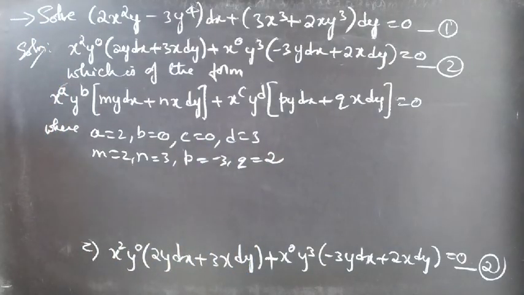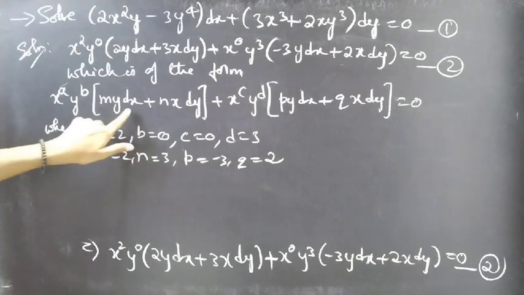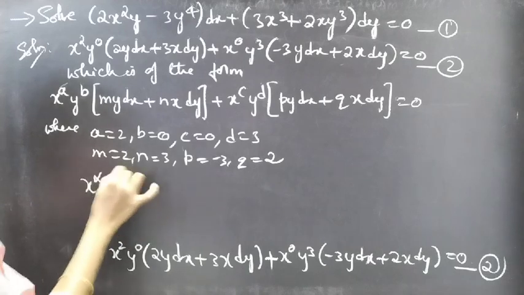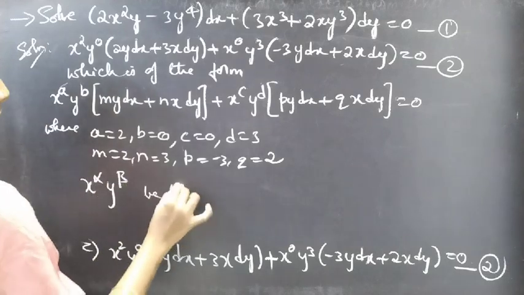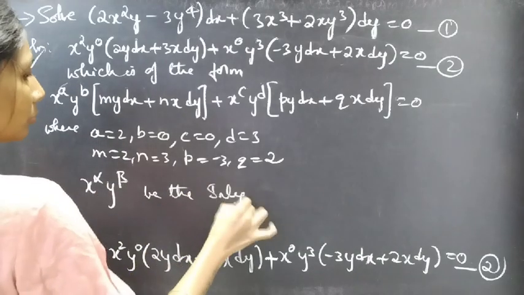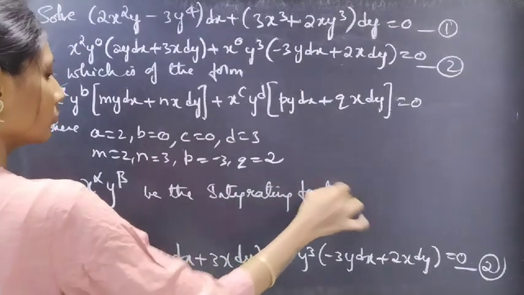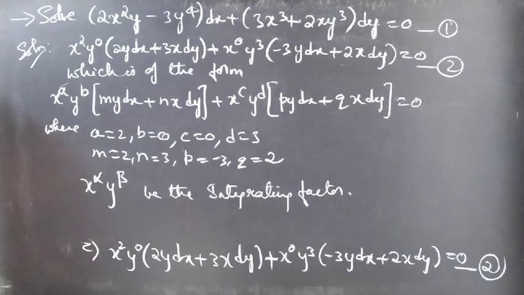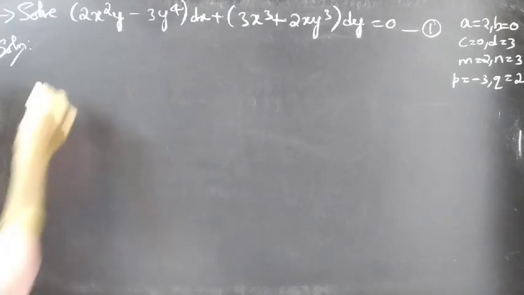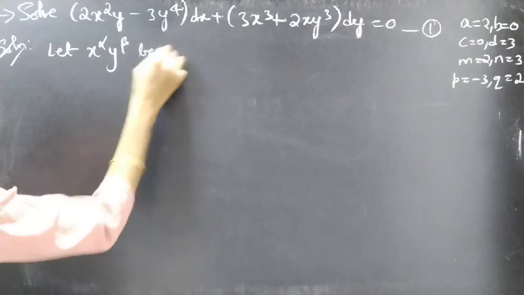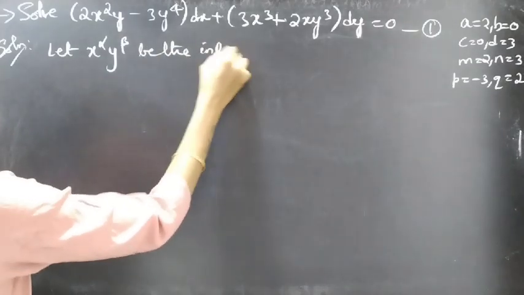Since the given equation is written in this form, x power alpha y power beta will be the integrating factor. Now using some methods we'll find alpha and beta. Let x power alpha y power beta be the integrating factor.